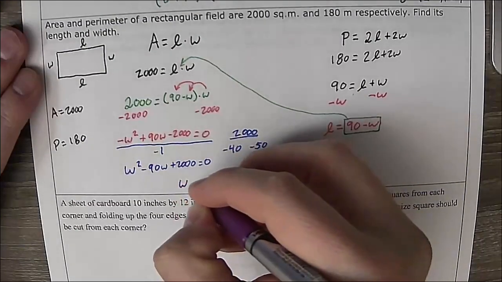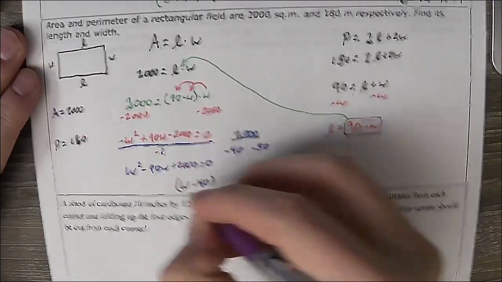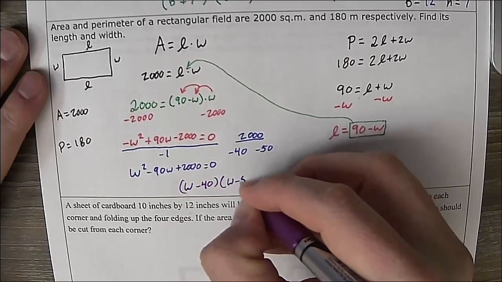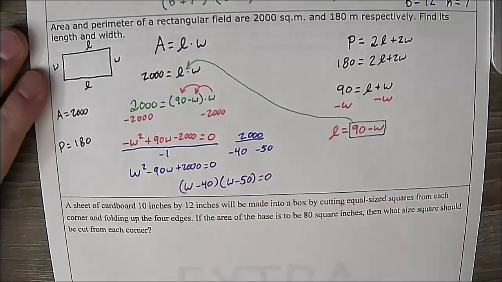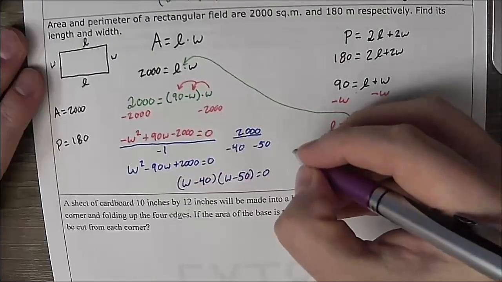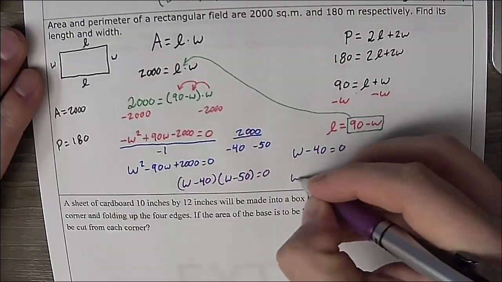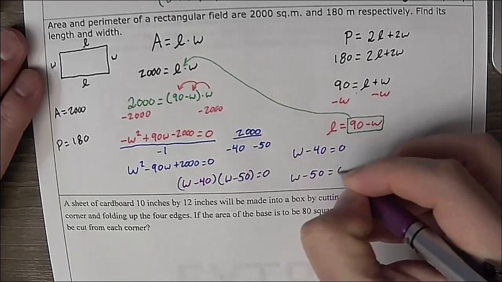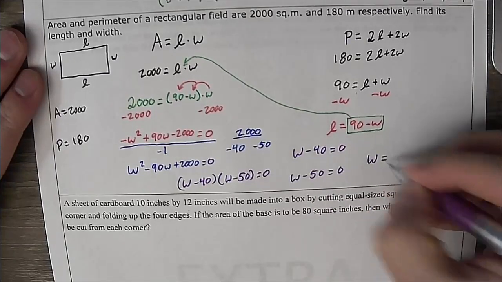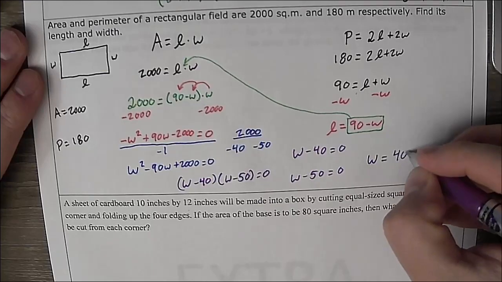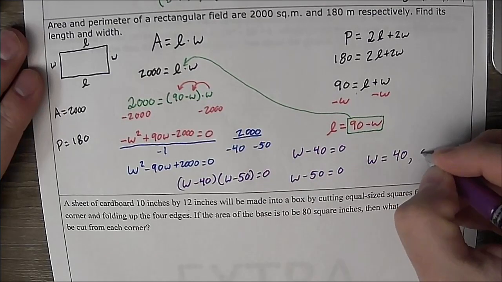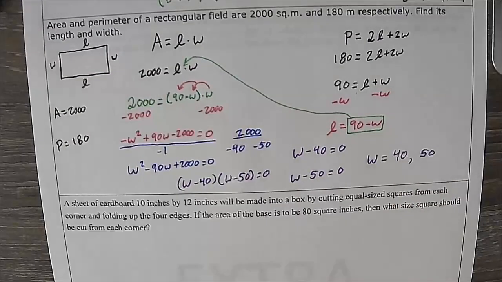So W minus 40, W minus 50. The zero product property says maybe it's the W minus 40 that's equal to 0. Maybe it's the W minus 50 that equals 0. So we end up with the width potentially being 40 feet or 50 feet.